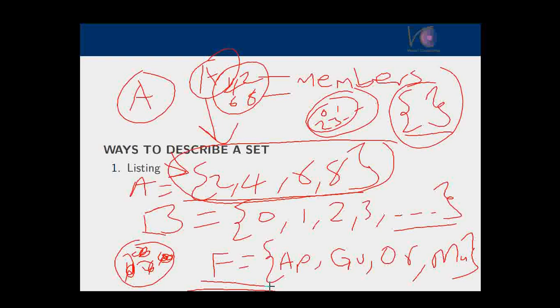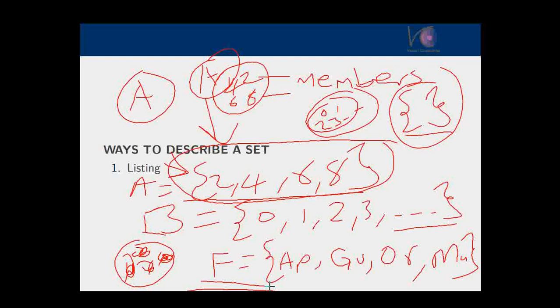Despite this approach being the easiest, it can only be applied to sets that are countable. What do we mean? If we look at set A and set F, they have one thing in common. In set A, we were able to see 4 numbers. In set F, we are able to see 4 fruits, meaning we are able to count the members in these sets.